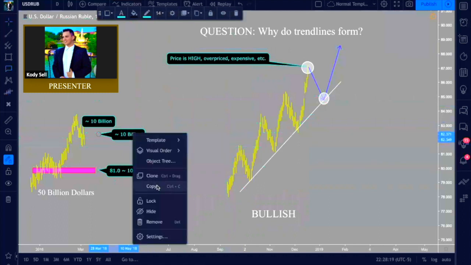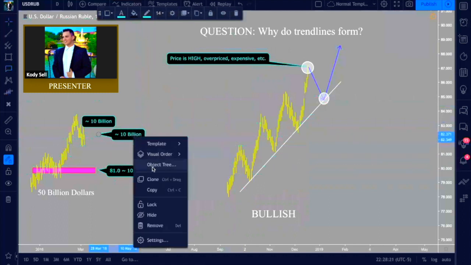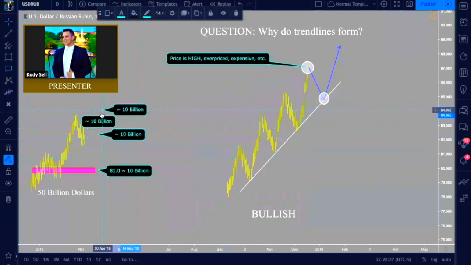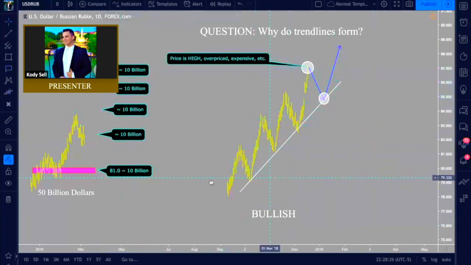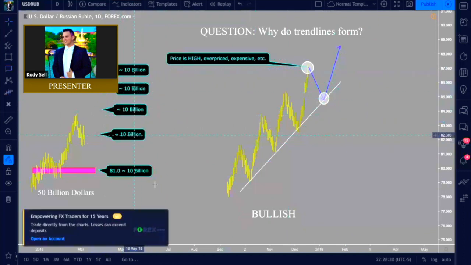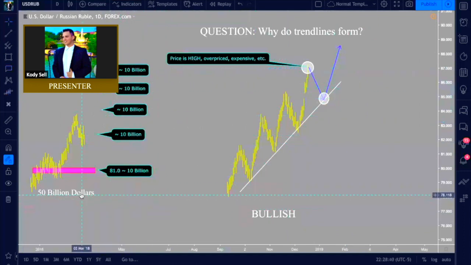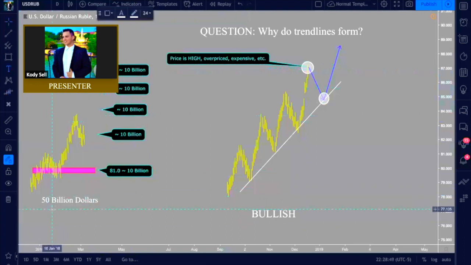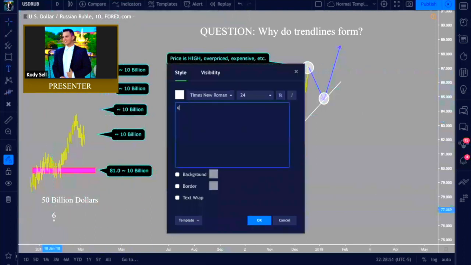So what they'll do, and they know that they've got to do this. So let's clone, and then so 1, 2, 3, and then let's move this up here as well. And then here's our final order. So they know that they need to do this a total of 4 more times to fill the entire $50 billion worth of order. So what they'll do is they say, okay, I'm going to come in at a 60% discount rate.